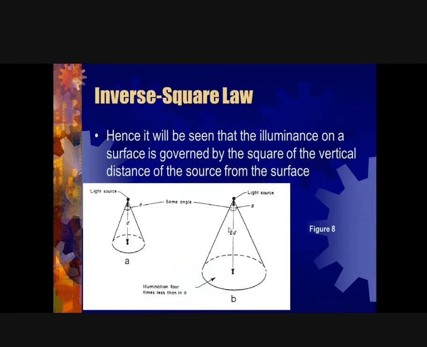The inverse square law is really saying that if you move the light source away, or you move away by 2 times the distance, the area of the circle or the plane that you're utilizing is going to be 4 times whatever the original distance gives, right?